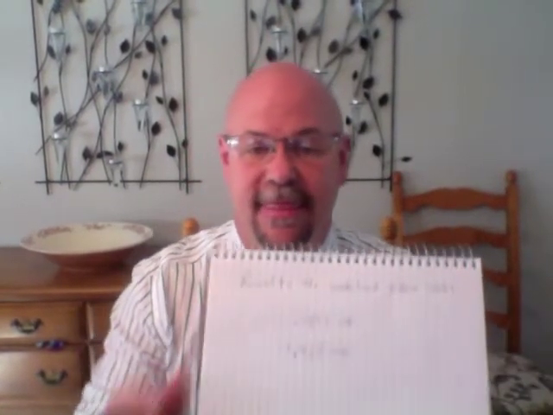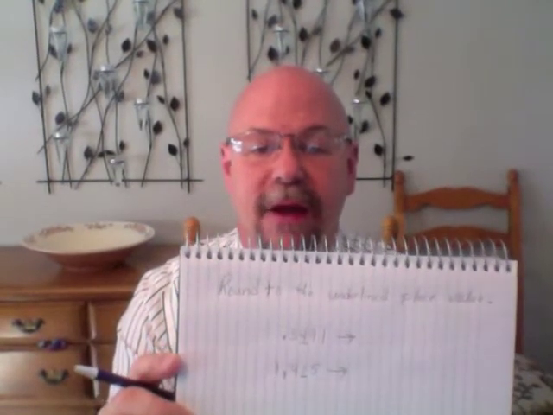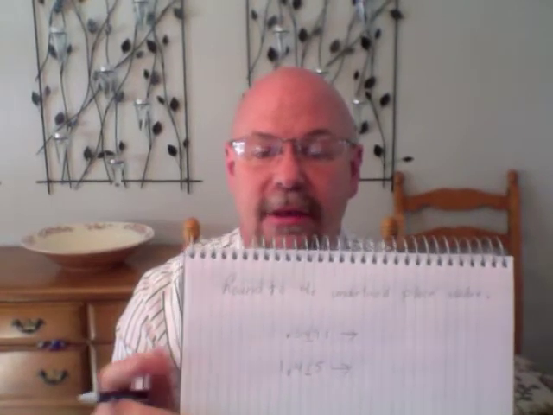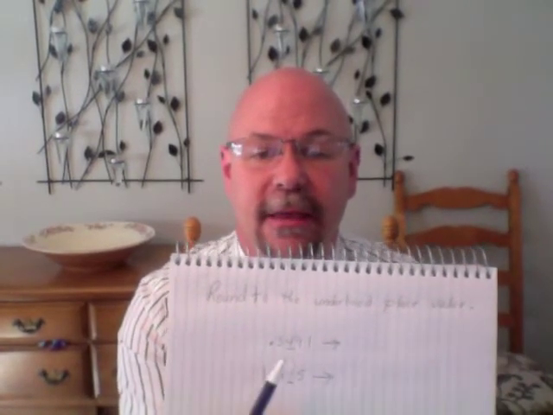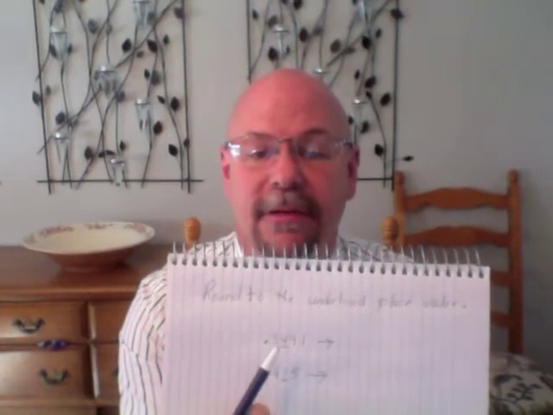So here are two quick examples that we're going to try. The first one is 3,491 ten-thousandths. According to the directions, they're asking us to round to the tenths place this time. So again, I look at the next number. In this case, I look at the 9 because I'm rounding to the tenths place.